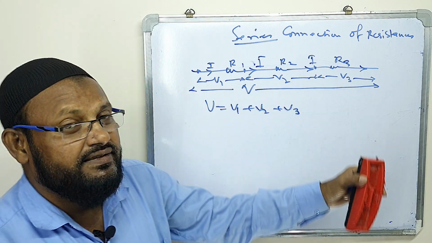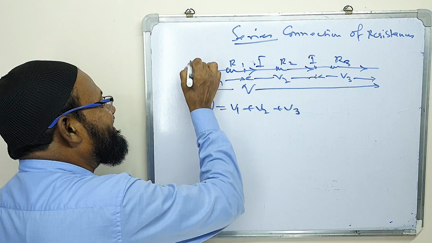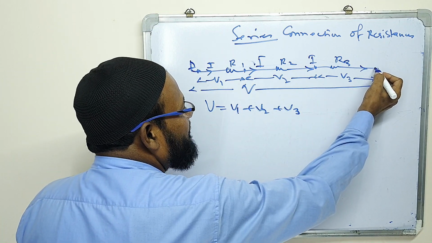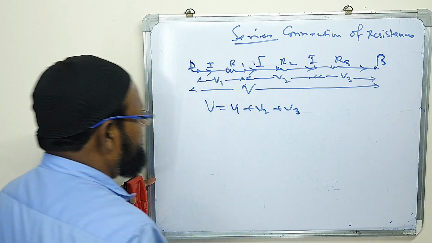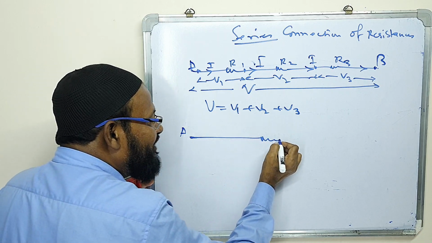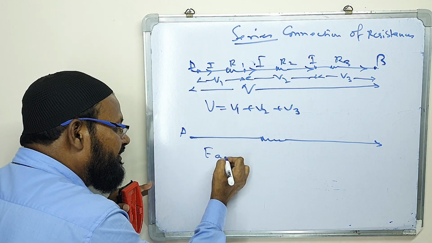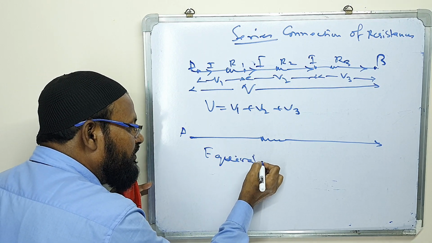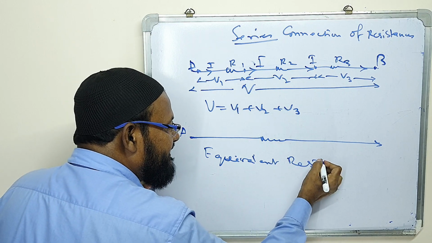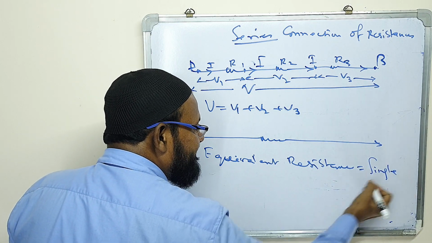We have to calculate the final, equivalent resistance. What is the meaning of that? Suppose this is A and this point is B. We have to calculate the equivalent resistance. First thing, the equivalent resistance is a single resistance.